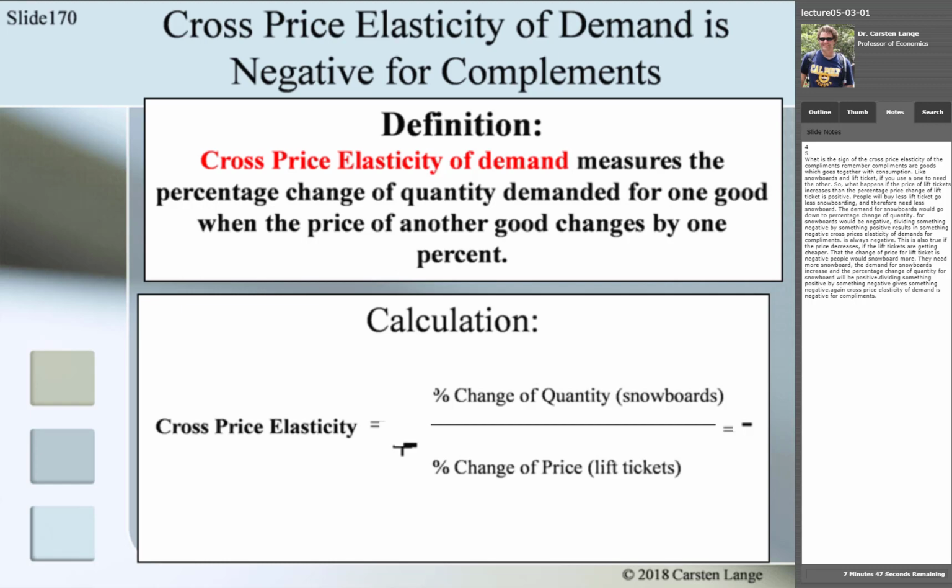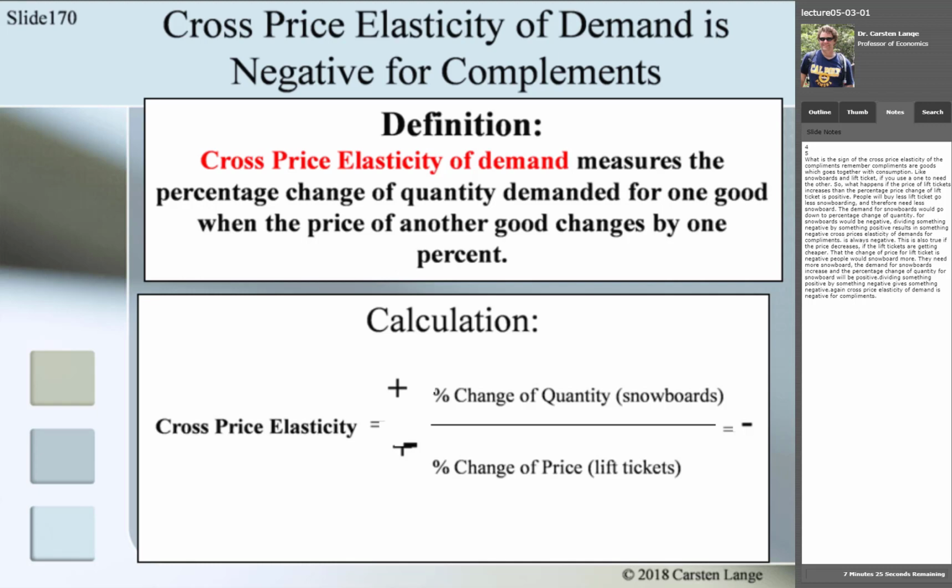If lift tickets are getting cheaper, thus the change of price for lift tickets is negative, people will snowboard more, they need more snowboards, the demand for snowboards increases, and the percentage change of quantity for snowboards will be positive.